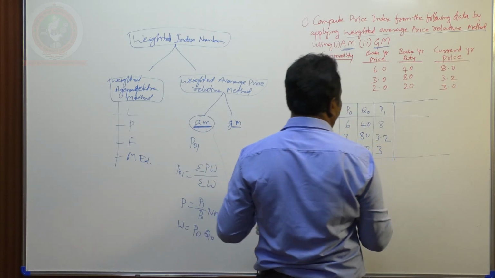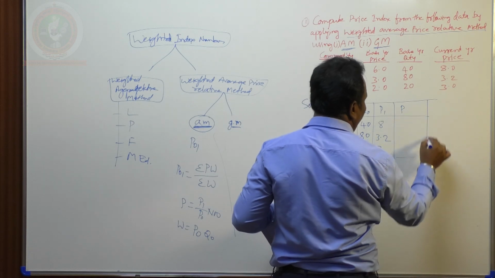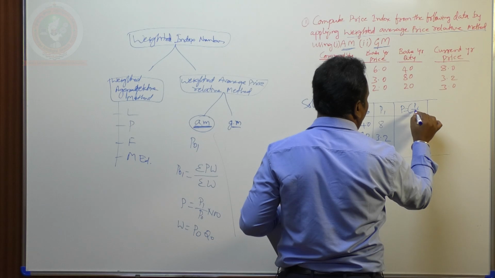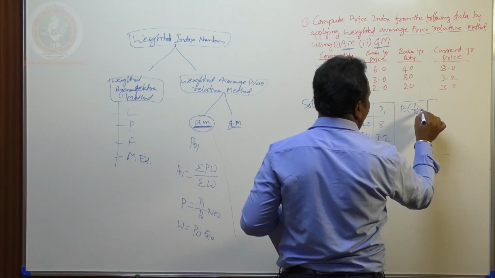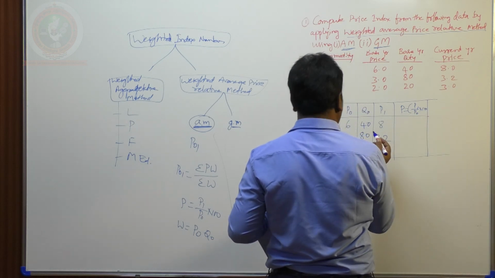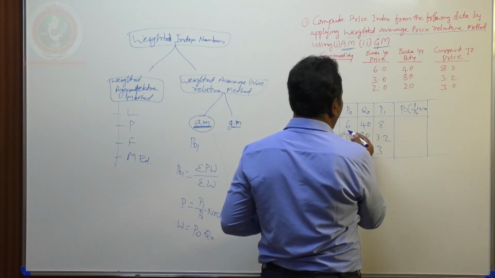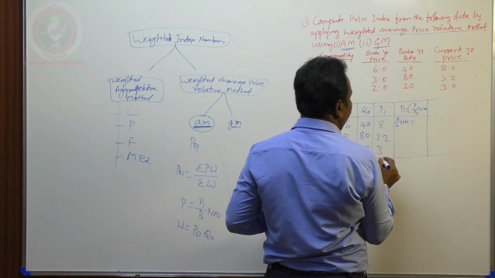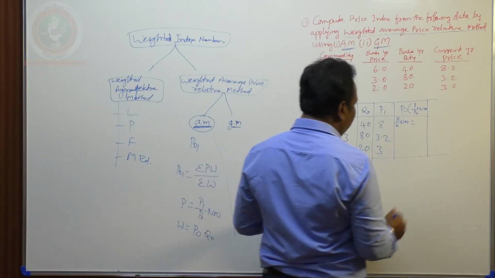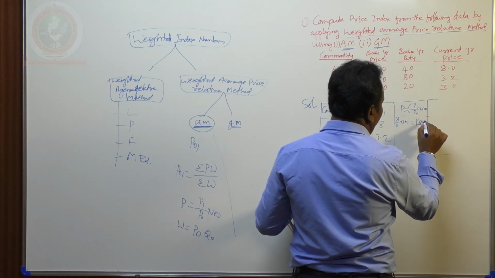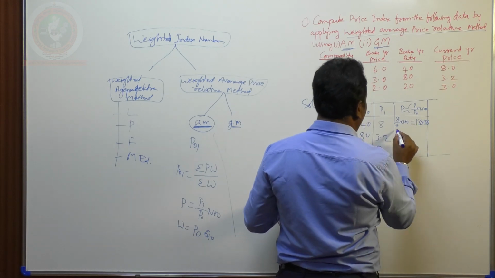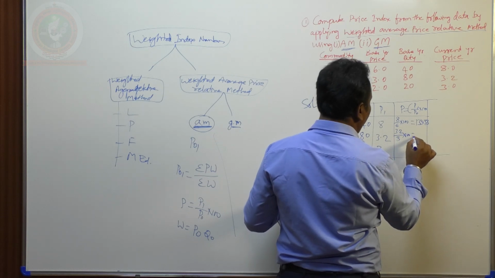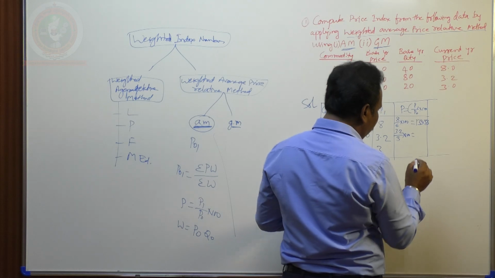Now calculate the P value. P is nothing but P1 divided by P0 into 100. So 8 divided by 6 into 100 is 133.33. Then 3.2 divided by 3 into 100 is 106.67.